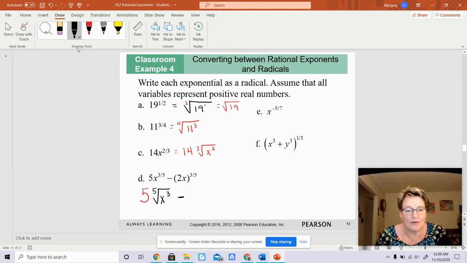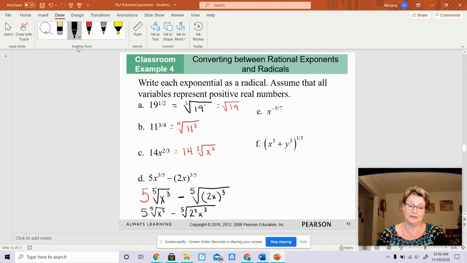minus, now this one has 2x to the 3/5 power. So the way you can write that is the 5th root of 2x to the 3rd power. So you can write it as that, no problems at all. If you want to go one step further though, you could do this. 5 times the 5th root of x cubed minus the 5th root of 2 cubed x cubed.